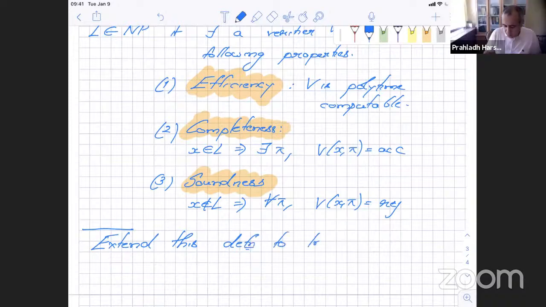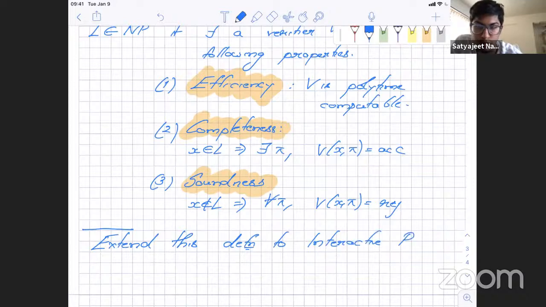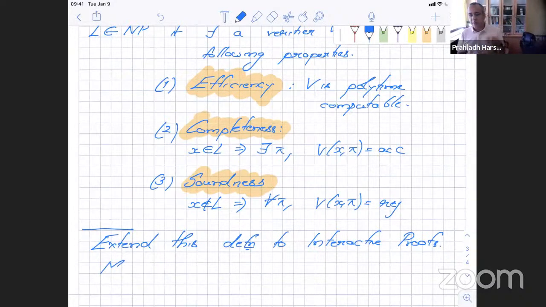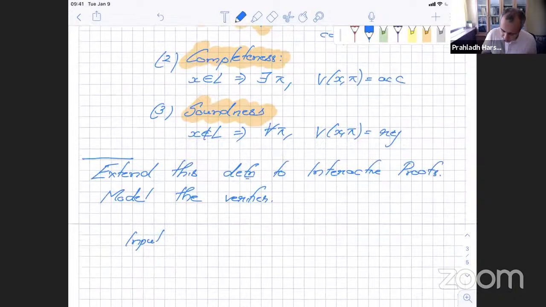So for an interactive proof, we have to model how we model the verifier. Its inputs are firstly X, the original input, and it's going to toss some random coins. So R is its randomness.